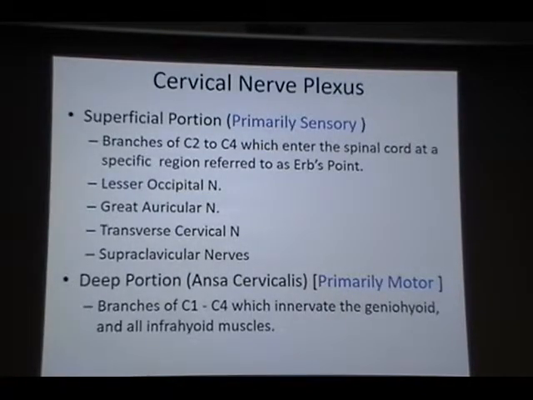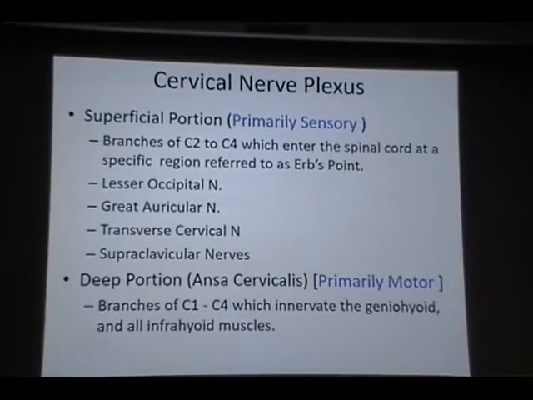Okay, so we've got some superficial nerves that are arranged in what we call the cervical plexus, cervical referring to the neck. And there is a superficial portion which is primarily sensory. I say primarily sensory because you have to realize that the nerves that are coming and going from the neck, or any other place in the body, the face as well, these nerves are more complex than just straight sensory input.